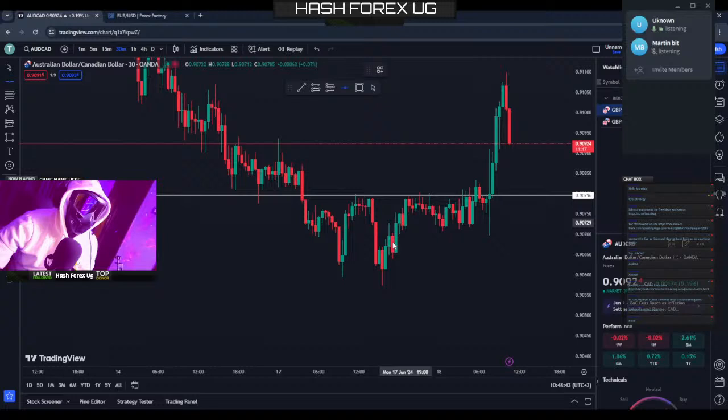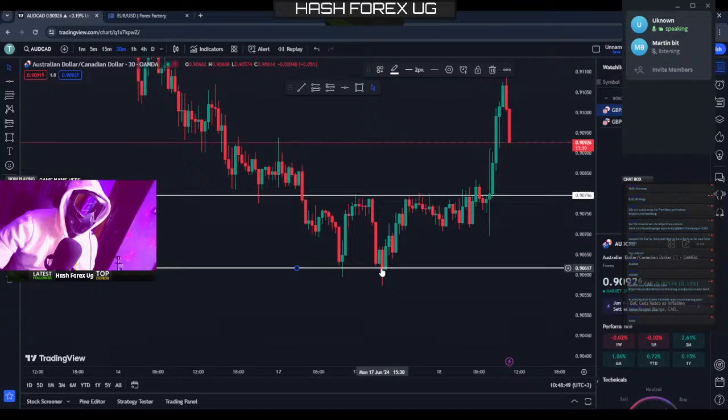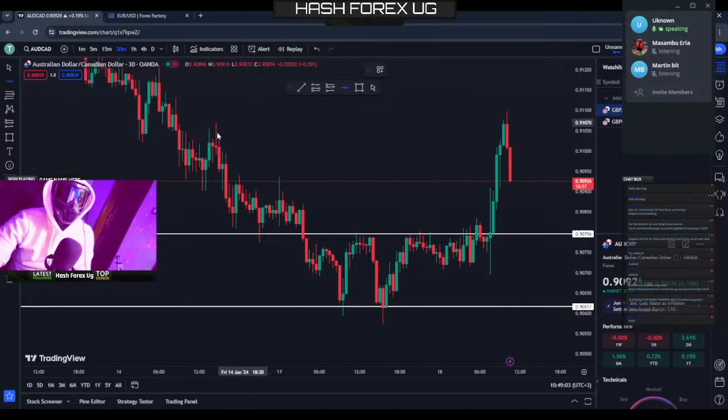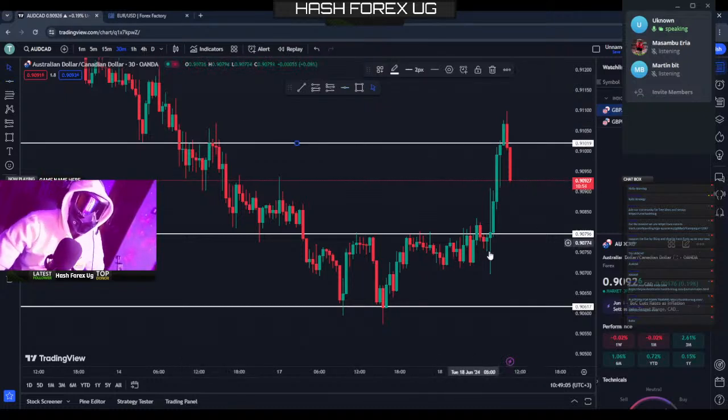If you had traded it, remember its session comes in early in the morning because of the Australian dollar. It is normally active in the morning, so that's why you're getting this push already, filling most of the ranges that you would have considered as your take profit.